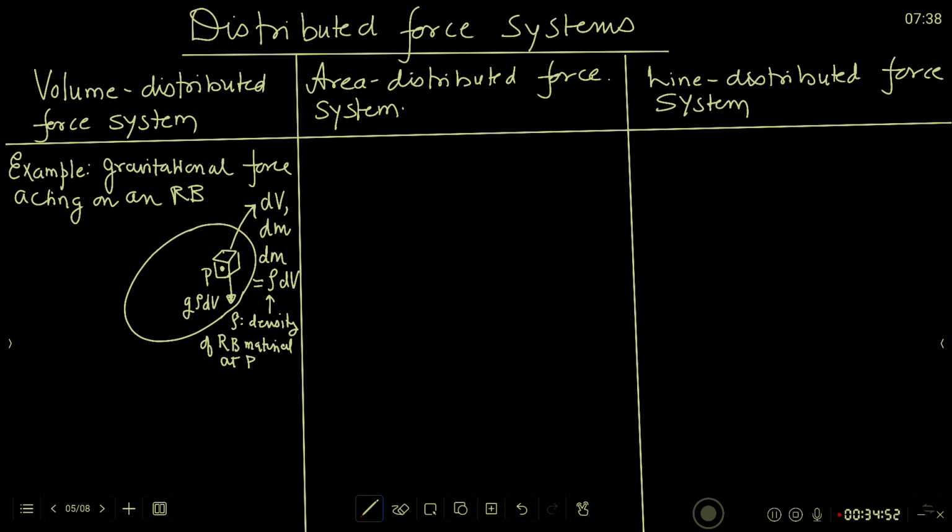We can actually treat this as a vector, since the acceleration due to gravity is indeed a vector. So this arrow is showing a point mass, a concentrated force that can be visualized as the force acting on this small chunk of mass. Let me call it dF.